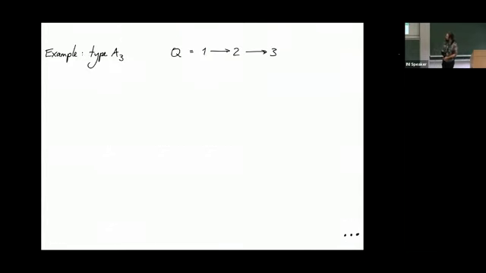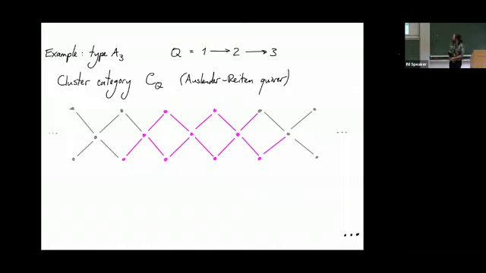Okay. Maybe we look at a small example just to see what happens. So type A3, that's almost the smallest I could draw. Here's the cluster category in type A3. The dots are indecomposable objects, and the arrows in purple go from left to right.